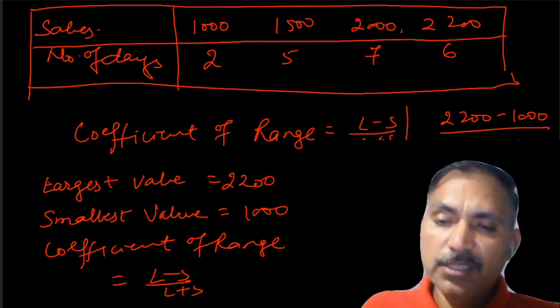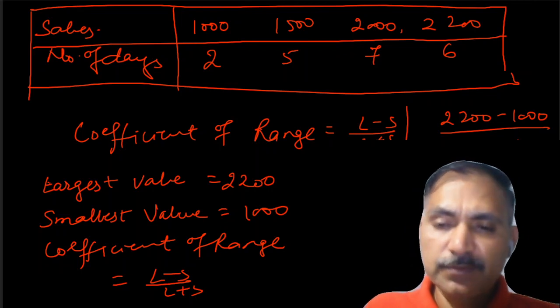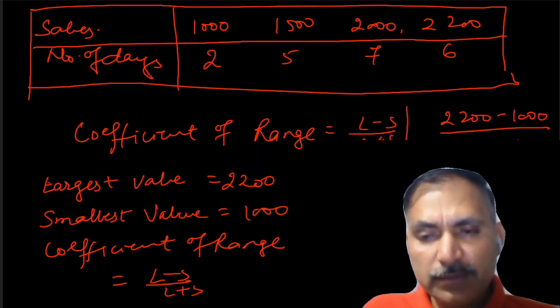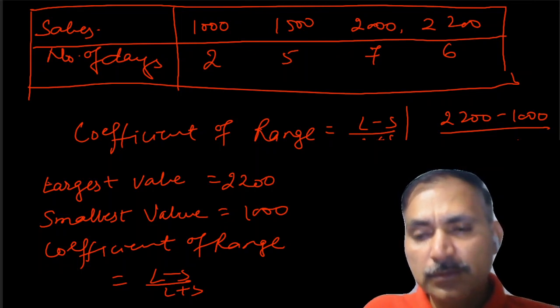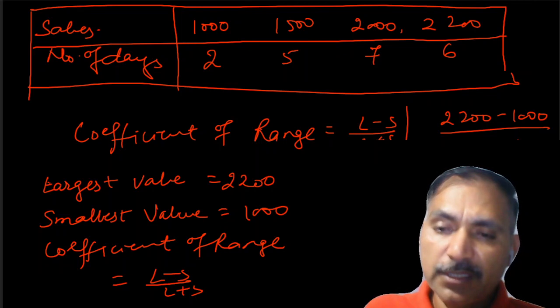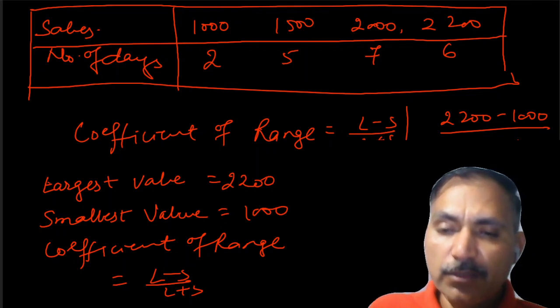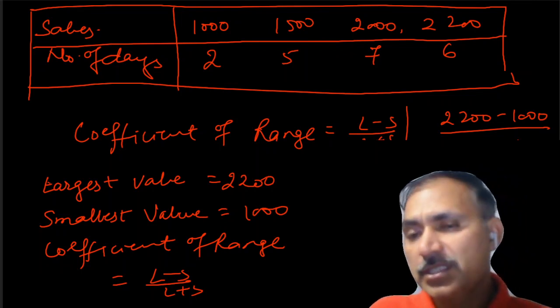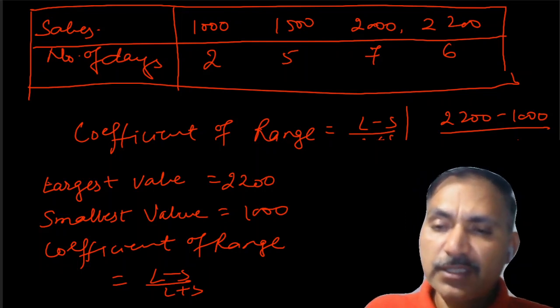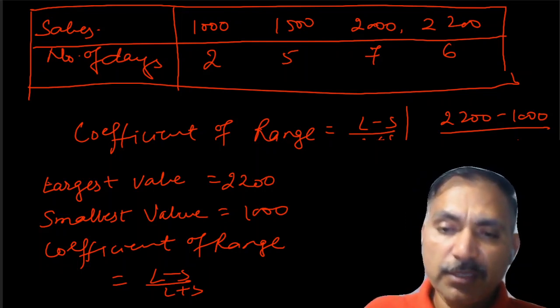Now the two zeros will get cancelled. It is not divisible by 6, so we will divide by 2 first. You can simplify that: if you divide by 2, it becomes 3 and 8.